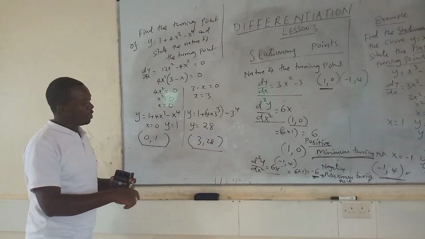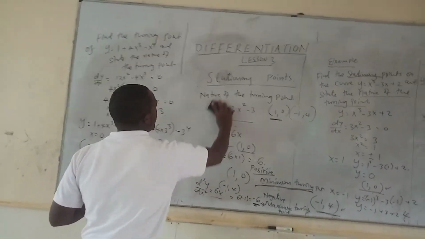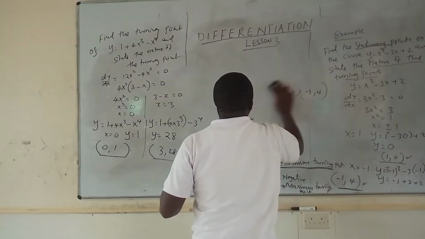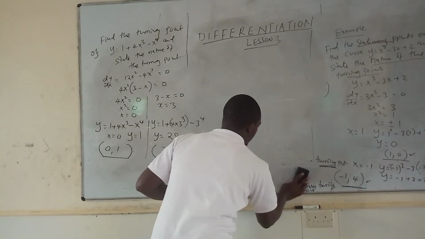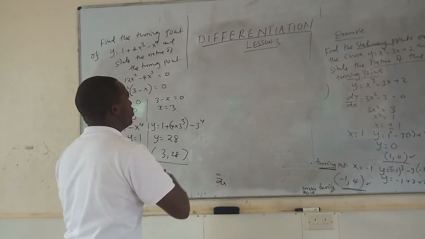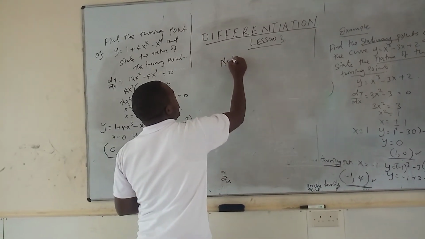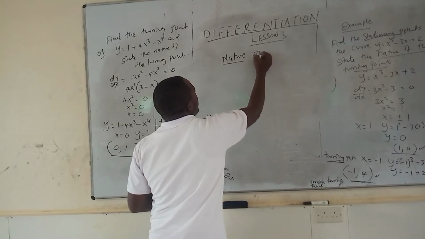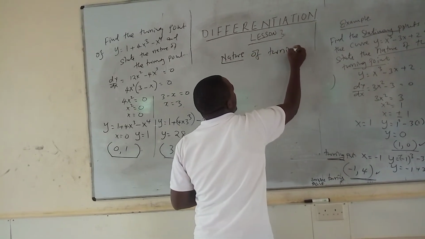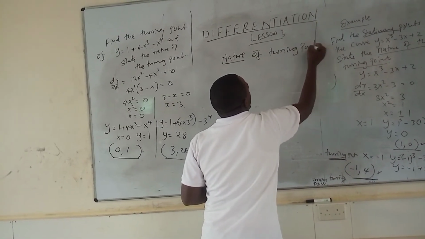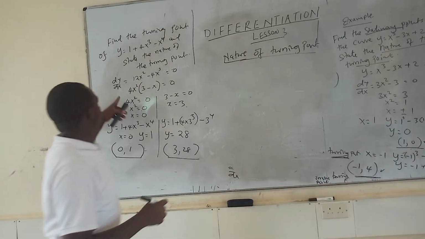I want to know the nature of each of these turning points. Remember, if I want to know the nature of the turning point, I go for the second derivative.